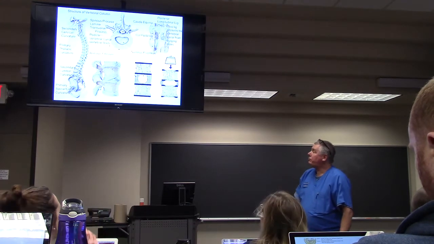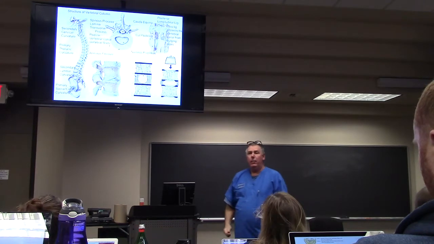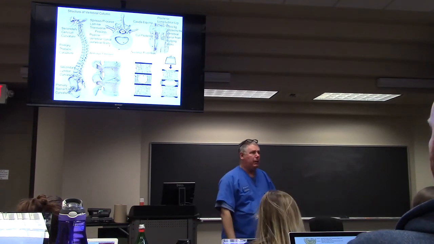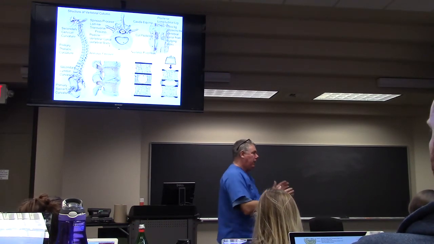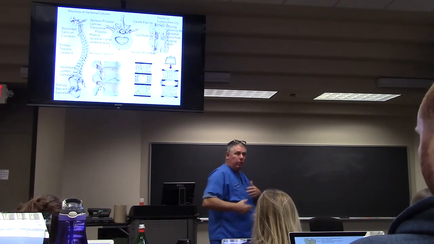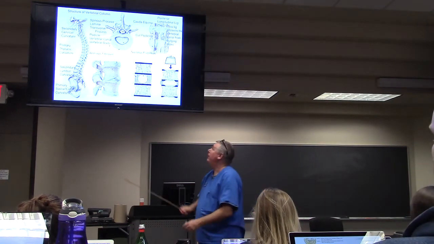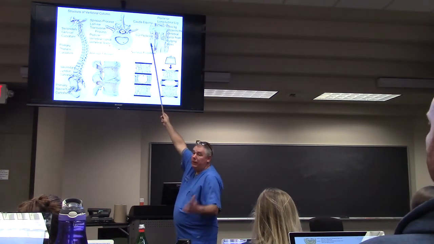Okay? Now, in this illustration up at the top here, this view, we've gone in and removed the lamina and we removed the spinal cord. So we're looking at the back of the vertebral bodies and the disc.